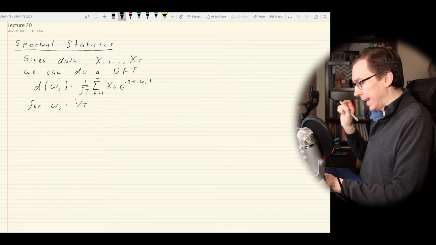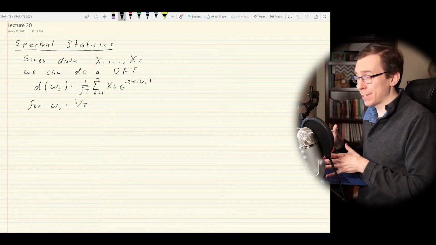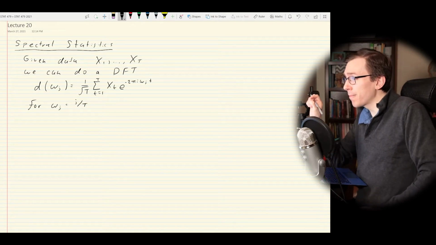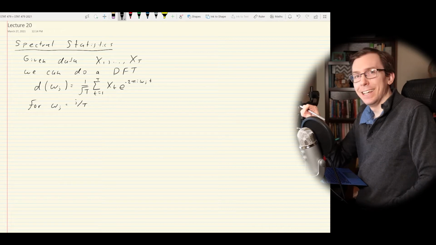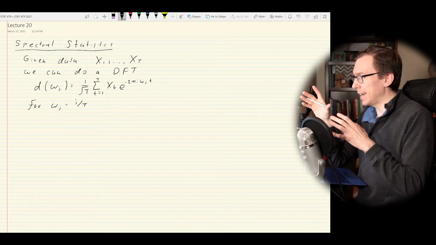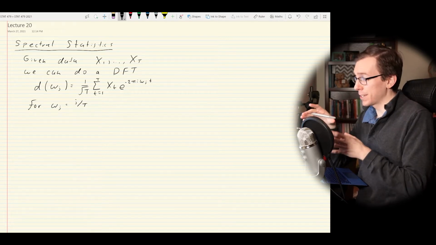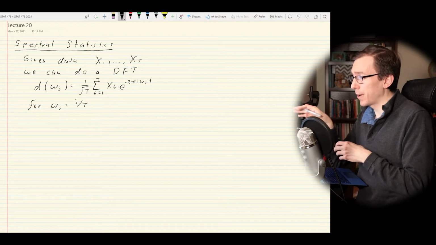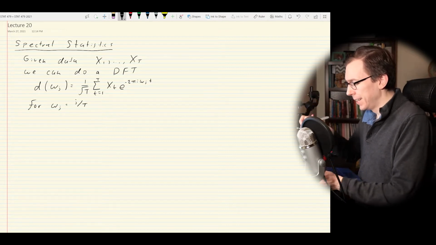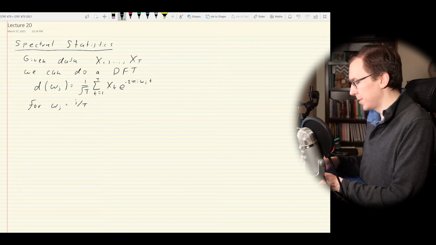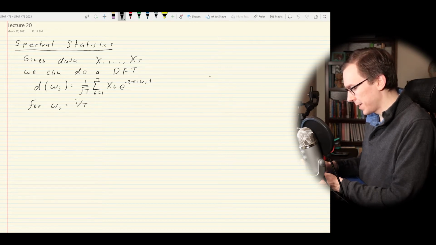Now, we can break this into two separate pieces, right? Because a complex exponential is actually a cosine and a sine. There's going to be a real part corresponding to the cosine, an imaginary part corresponding to the sine. So instead of the DFT, we can also consider the cosine transform.